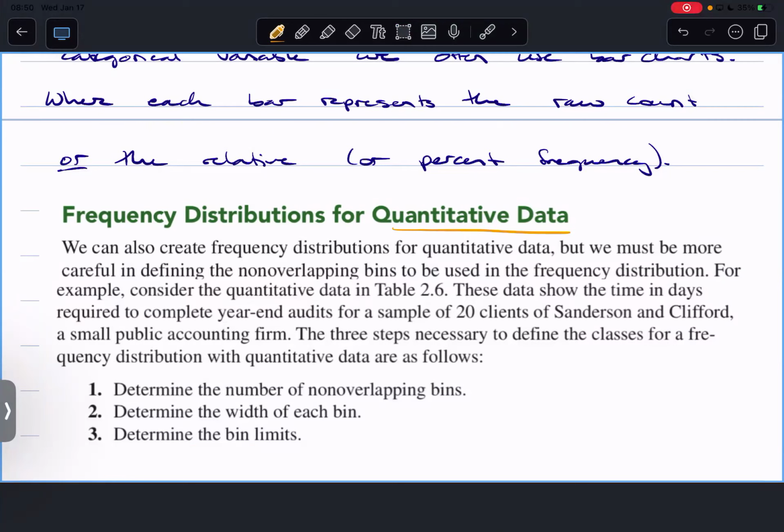Then, yeah, you could make categories if that's what you wanted to do. But often we're interested in just summarizing the numbers. And so, especially to visually summarize it, we put the data into bins.